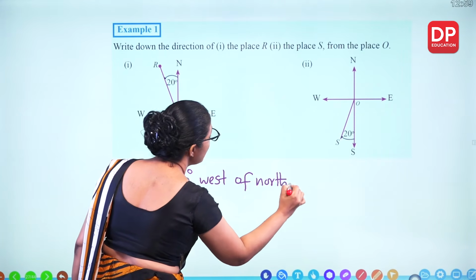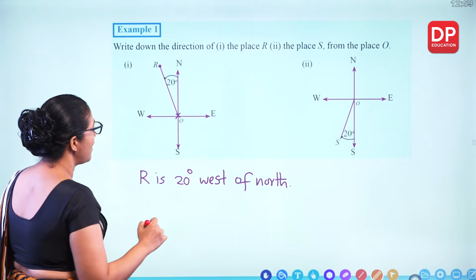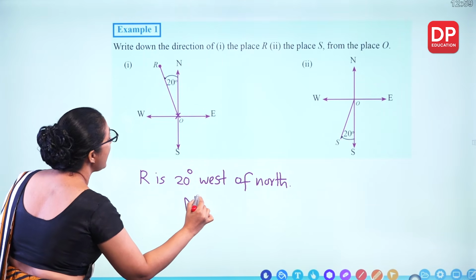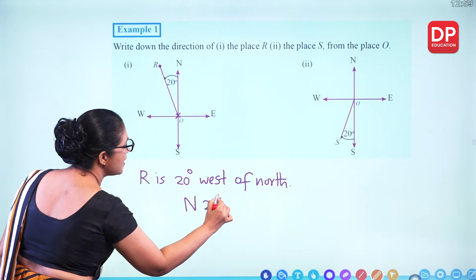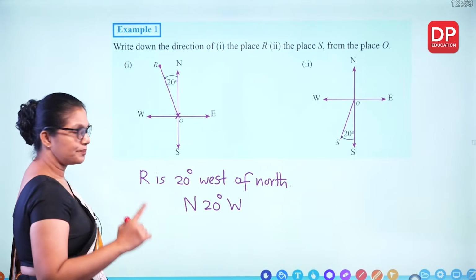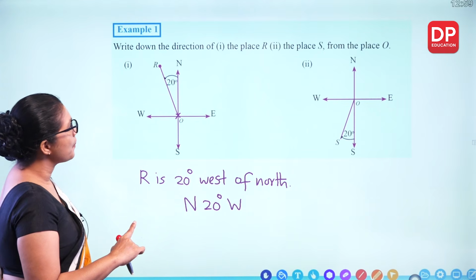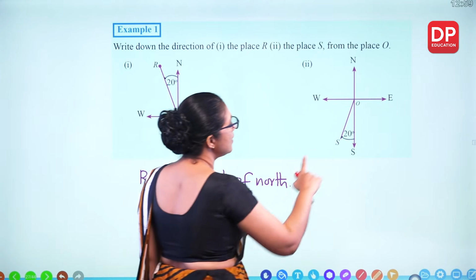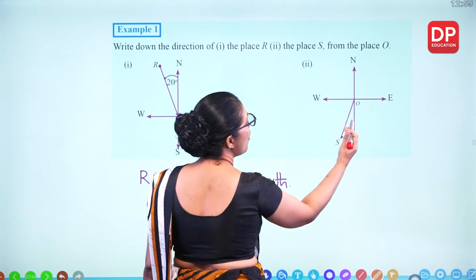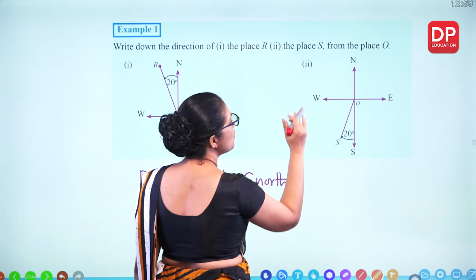Or how can I write this one? I can write north 20 degrees west. From north 20 degrees towards west. What about this one? This is from south 20 degrees towards west.